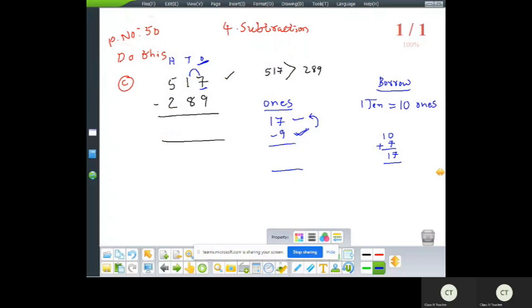From 1, we took 1 as borrow. 1 minus 1 is 0. Now this is 0.